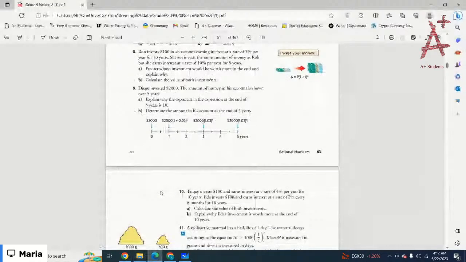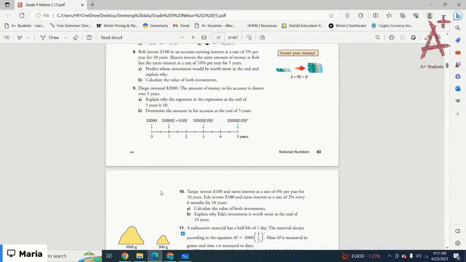Okay, just look at question number 8. Rob invests $100 in an account earning interest at a rate of 5% per year for 10 years.